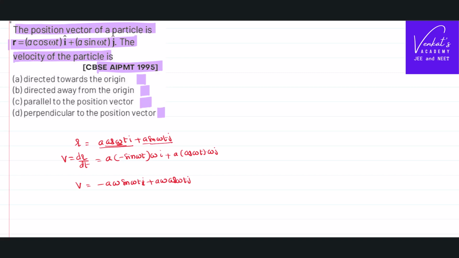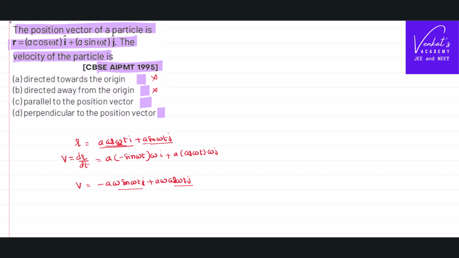This is plus j, going away from the origin. This is minus i, of course, from the positive side you can say it's approaching the origin, but this is plus j, it's again going away from the origin. Therefore, their combination is neither going to be towards or away from the origin. So these two options are definitely ruled out.